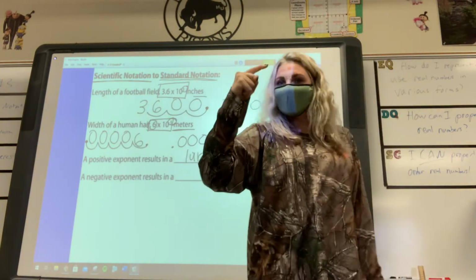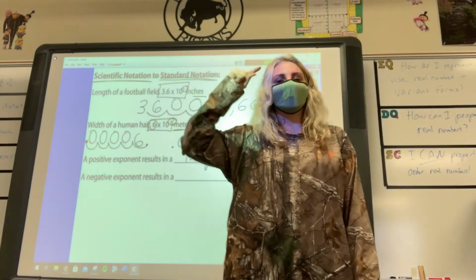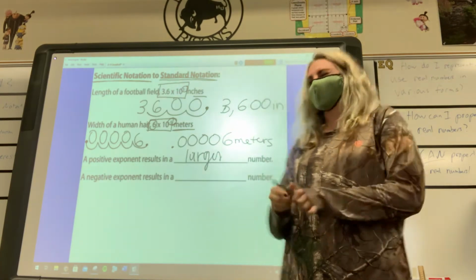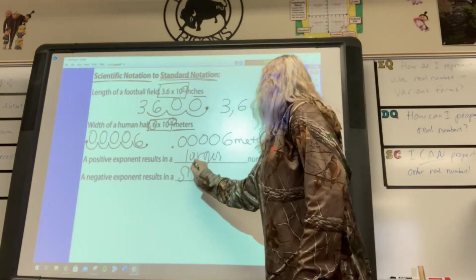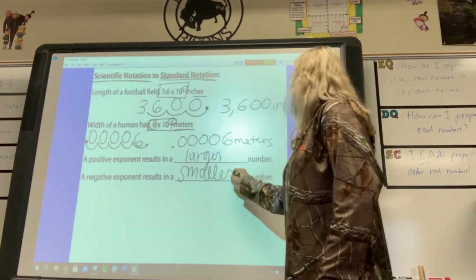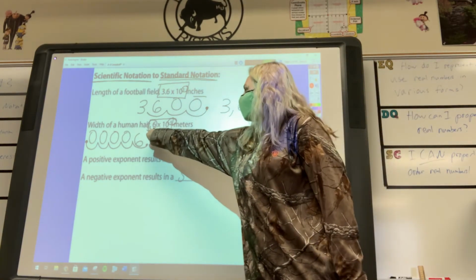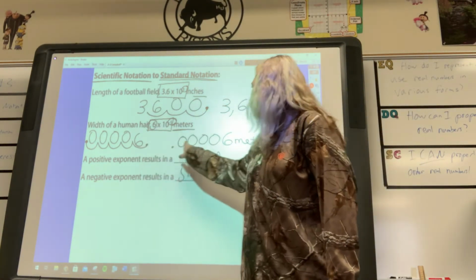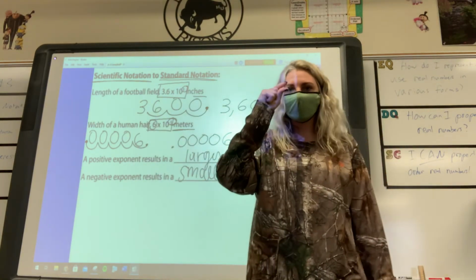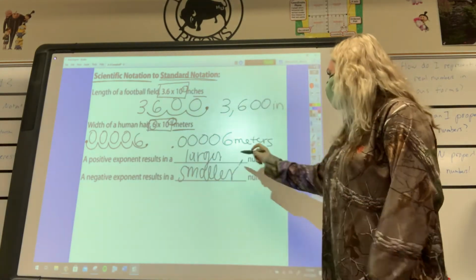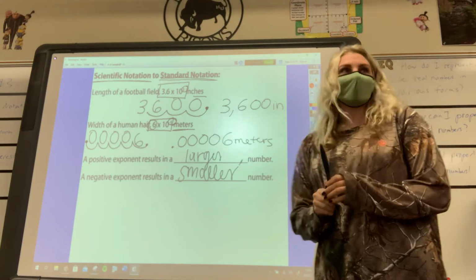Whereas when we have a negative exponent, we're going to create smaller numbers. If we know the width of a human hair, we went from 6 to 0.00006, which is a lot smaller, and that is the indication of positive and negative exponents.